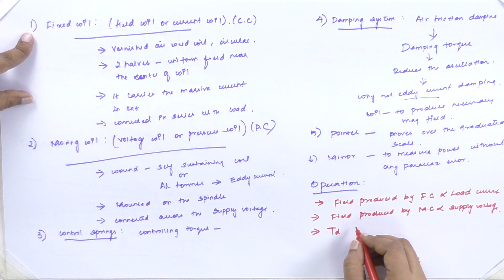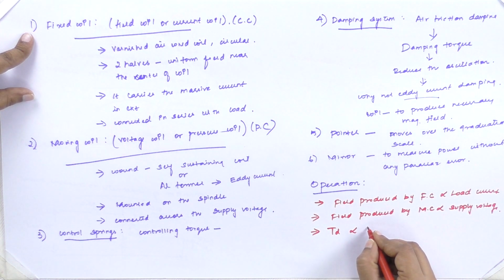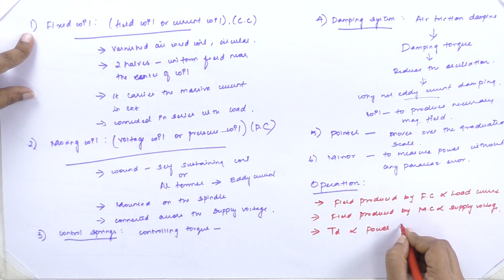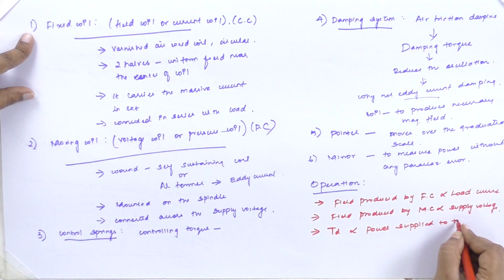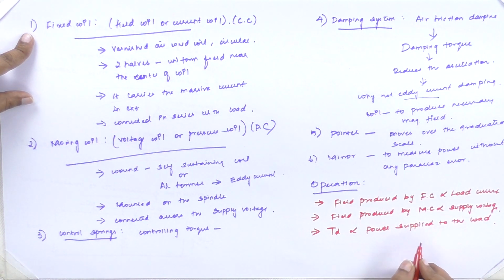So, the deflection torque produced is given by the power supplied to the load. The deflection torque produced will be directly proportional to the power supplied to the load.